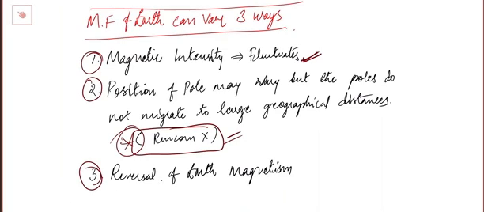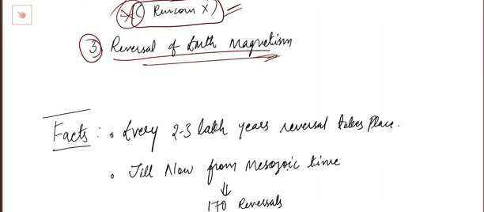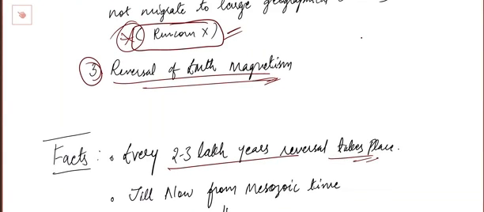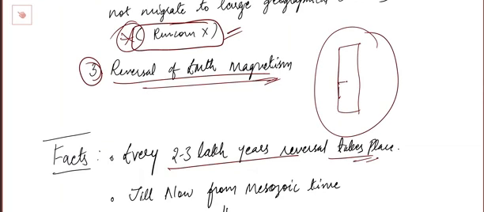The third one is that reversal of earth's magnetism takes place. The fact is, every 2 to 3 lakh years a reversal takes place. Let me explain how reversal takes place. If you consider this earth globe, at present we have the magnetic south here and north here.